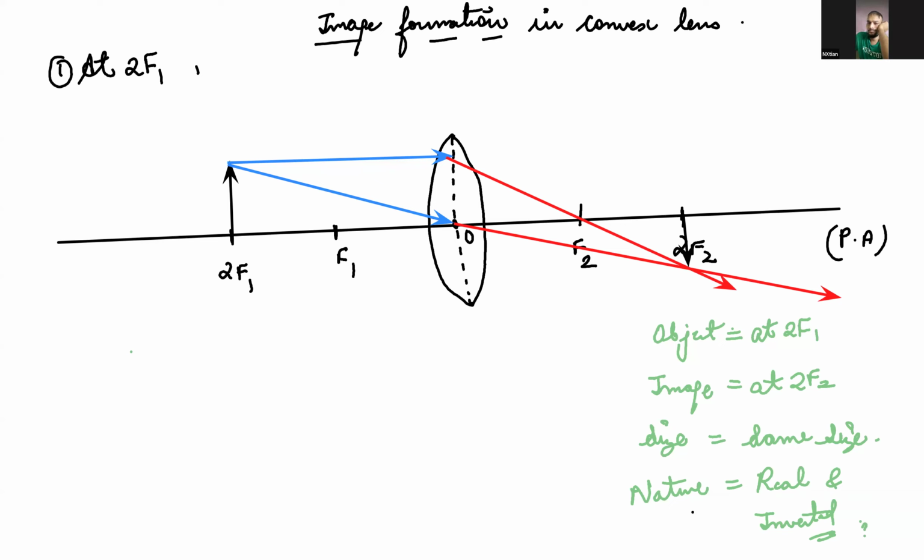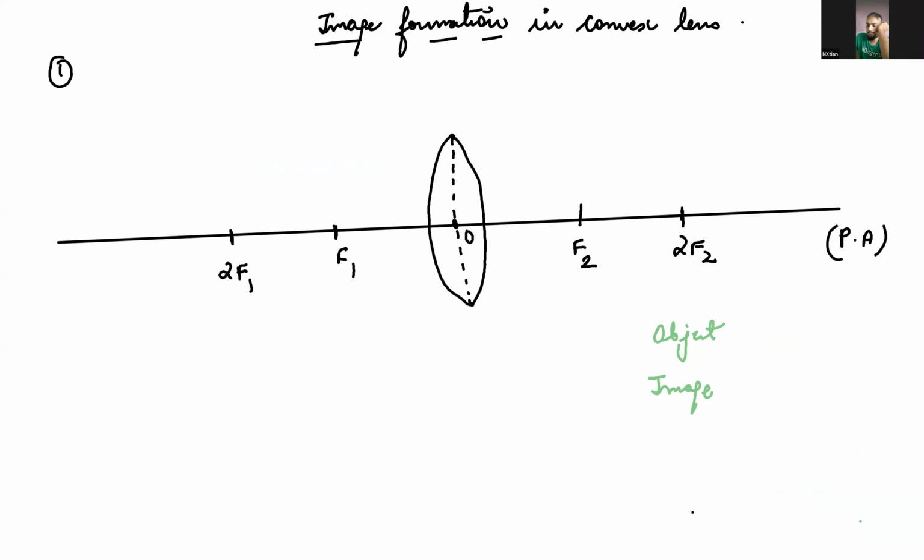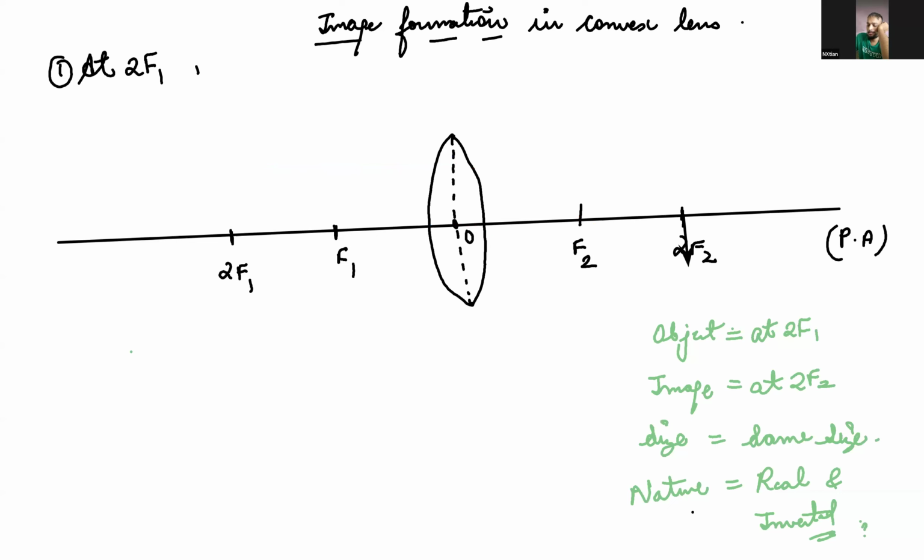Okay, Ezekiel, done? Yes, sir. Okay. Now next diagram, I will not make it, you guys will make it, okay? So now next, where will you put it? Anybody has any idea? Want to say something? Please unmute your mic and say.